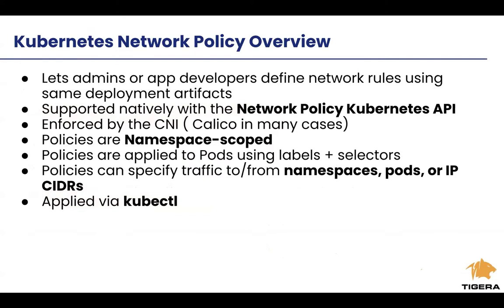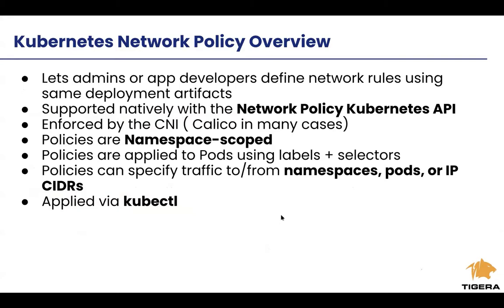So let's define Kubernetes network policies. Maybe this could be repetitive for some of you, but at a high level, it lets admins or even application developers define the network rules that define their application using the same Kubernetes deployment artifacts, YAML-based artifacts that define not just the application definition, but also the network security definition for the application.